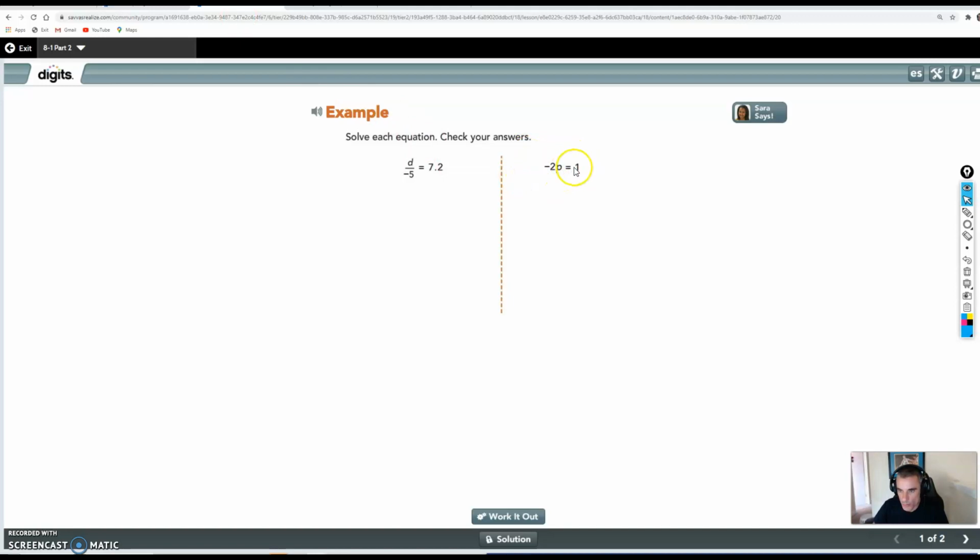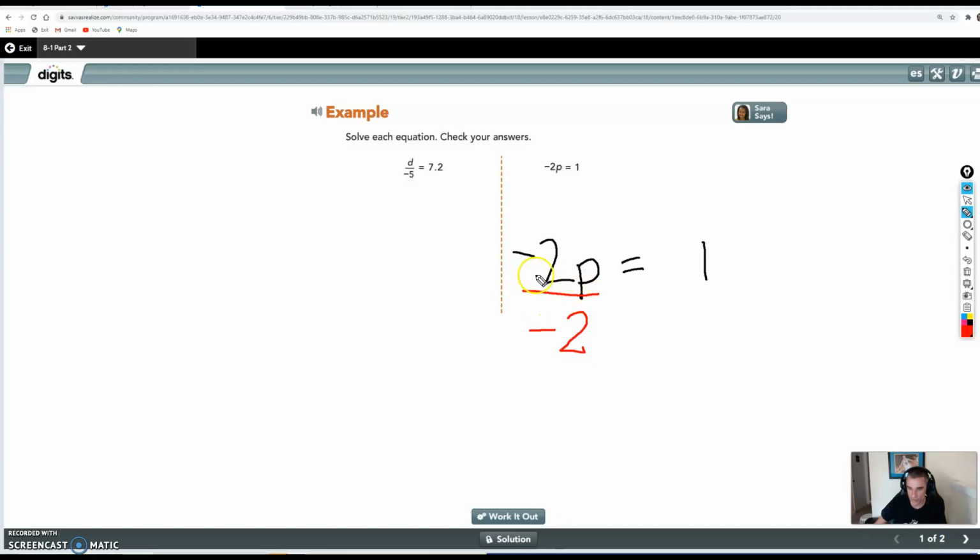So I have negative 2p is equal to 1. So I'm going to write that a little bigger. Negative 2p is equal to 1. Okay, so since I'm multiplying my variable times negative 2, if I want to undo that, if I want to do the opposite, I'm going to divide by negative 2.